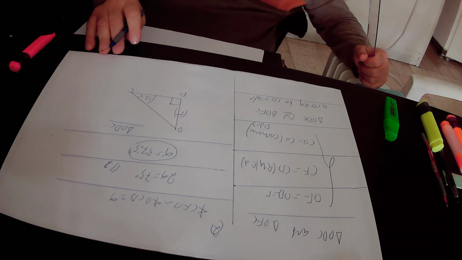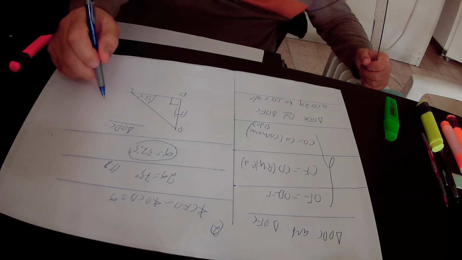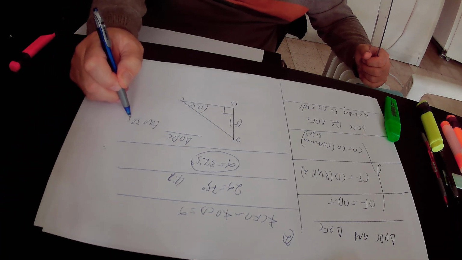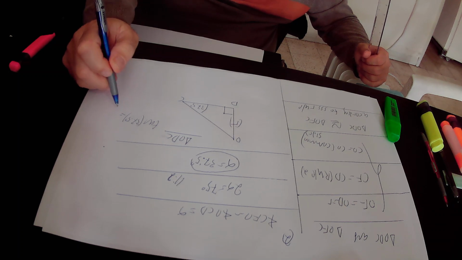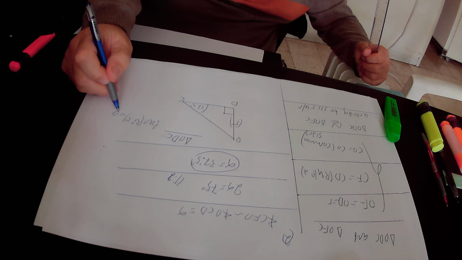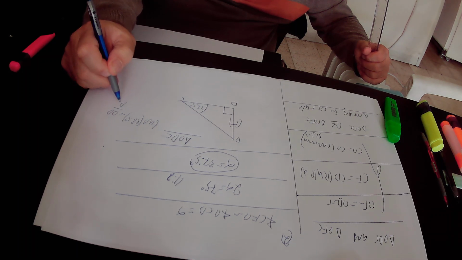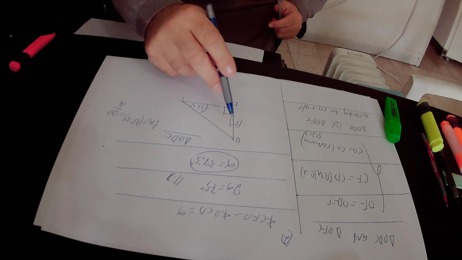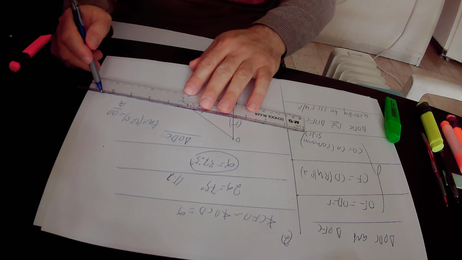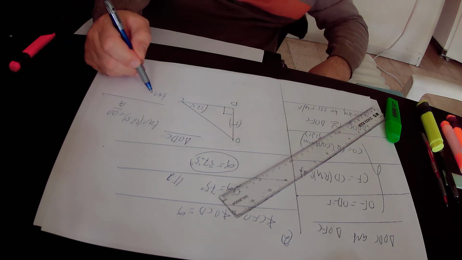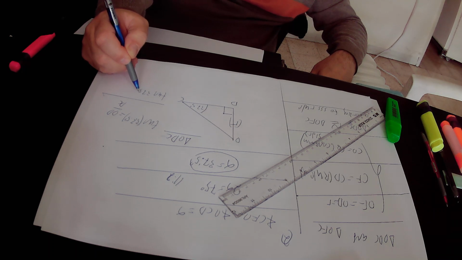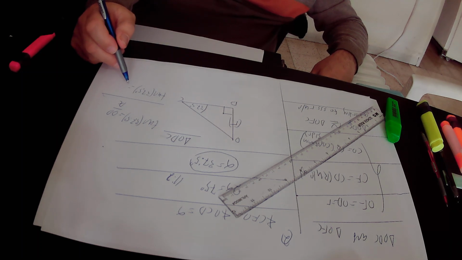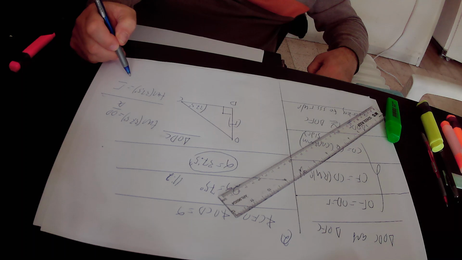So in this triangle ODC, it is very easy to see that tangent 37.5 degrees equals OD over DC. OD is R, so we substitute OD by R over DC.